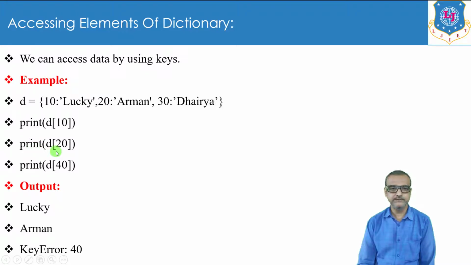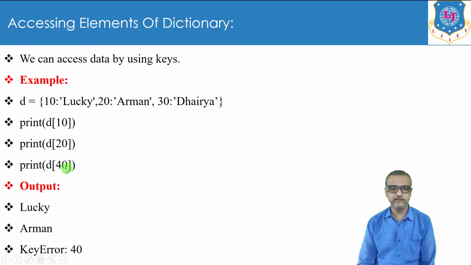With the help of this statement, we can access the value present at key 20, and that is Arman in this case. Print of D of 40. With the help of this statement, we can access the value present at key 40. But here you can see that in dictionary D, we don't have key number 40.